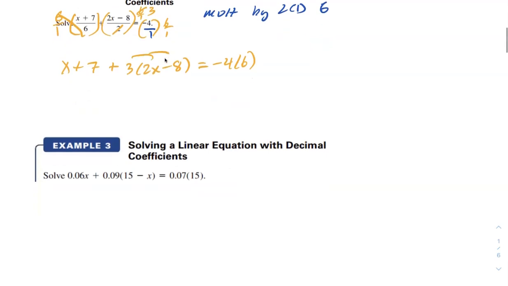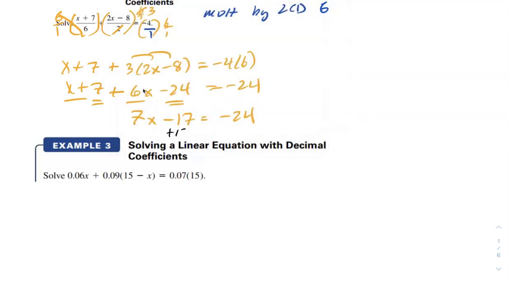So then we distribute: x plus 7, and 6x minus 24 equals negative 24. I don't know why I put an equal sign here, it should be a plus sign. There we go. Anyway, simplify. Get 7x. 7 minus 24 is negative 17, equals negative 24.